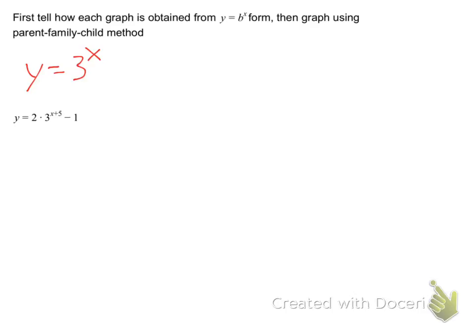Okay, if I started there and I ended up with y equals 2 times 3 to the x plus 5 minus 1, tell me some things that are going on. What's the 2 doing out front? What value is that? What letter? That's an A value. A values tell us what?